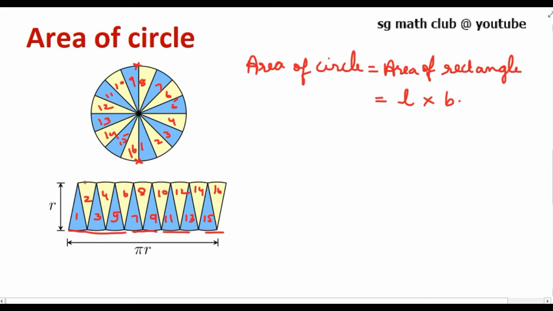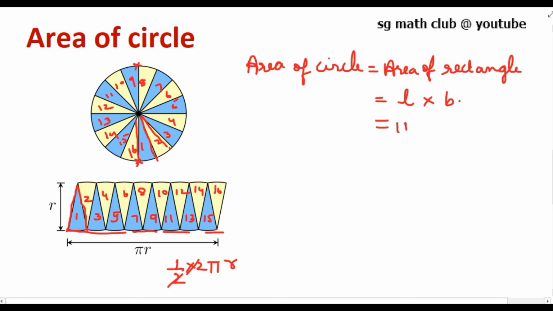If you take this part also, then only you will get the full circle. We know the circumference of the circle is 2 pi r, and from here to here it will be half into 2 pi r, which is equal to pi r. So the length of this rectangle is pi r. Again, the breadth, this distance is the same as this distance, which is the radius of the circle.